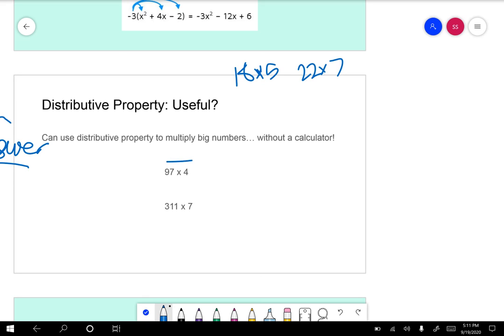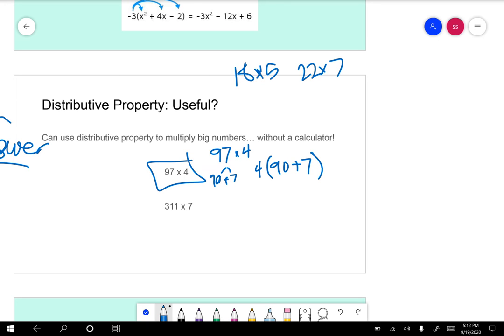So let's take this one for example, 97 times 4. We can break 97 down into different parts, right? You could do 90 and 7. That would be one way to do it. So you could write it out as 4 times 90 plus 7. That's a lot more manageable than 97, right?